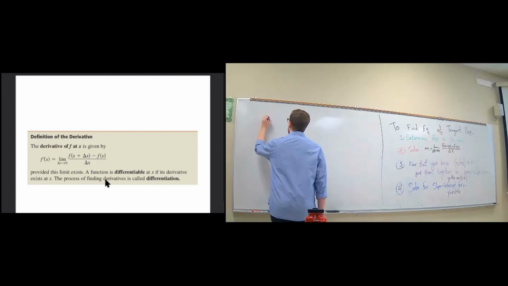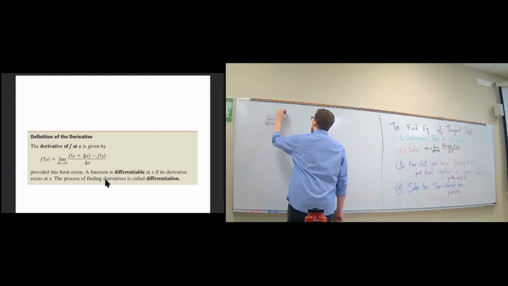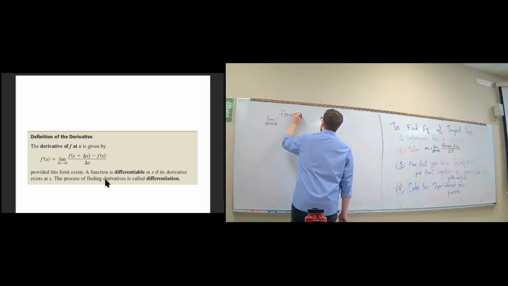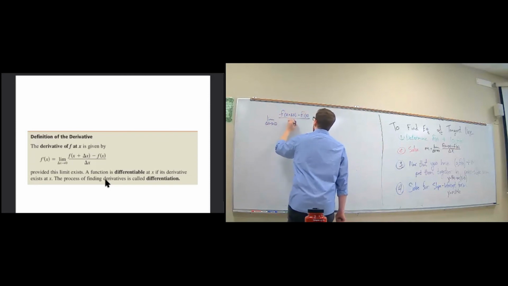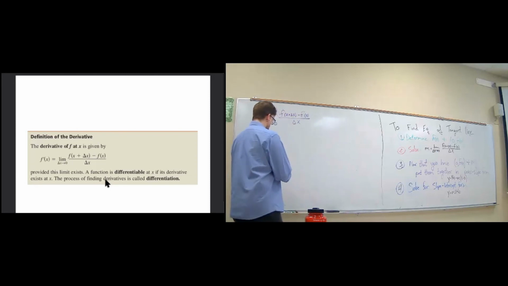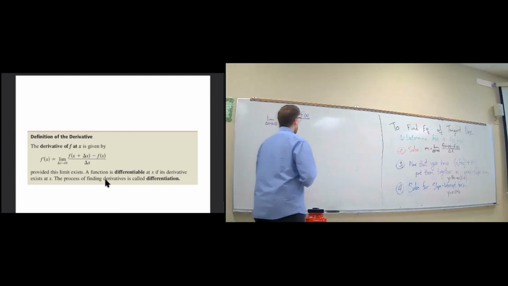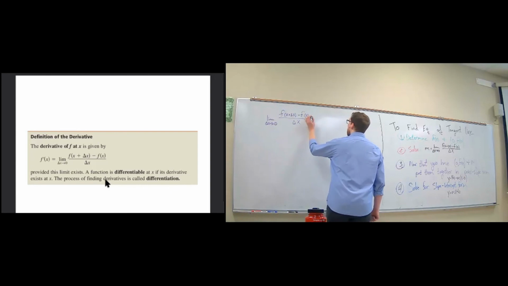So the limit as delta x goes to 0 of f of x plus delta x minus f of x, divided by delta x. This thing is called the derivative. We oftentimes will denote it as f prime of x.